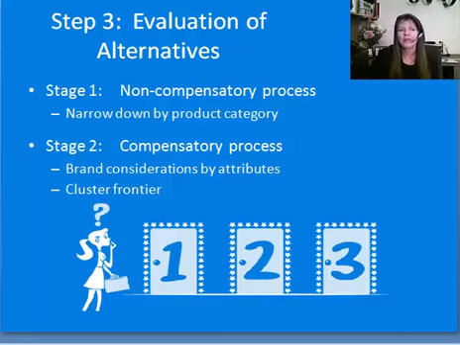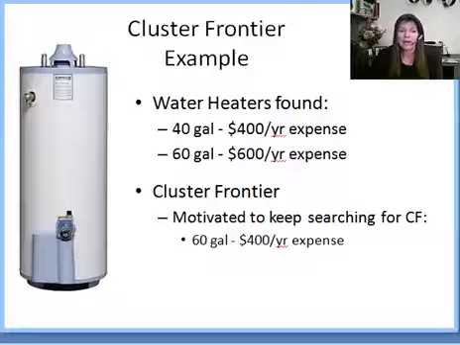So let's consider an example here because this is going to affect how long this stage lasts, how long you are involved in this evaluation of alternatives, different brands by the alternatives that they offer. Okay? So let's say that I look at water heaters, and so far I found 2 that I am seriously considering.